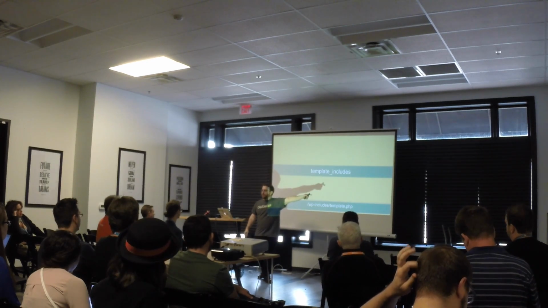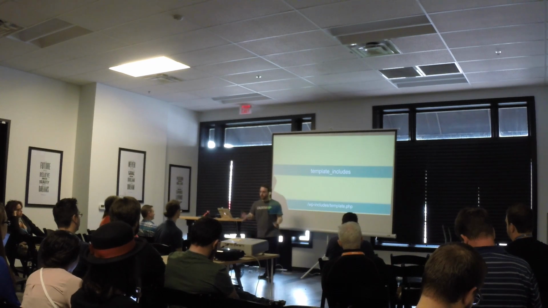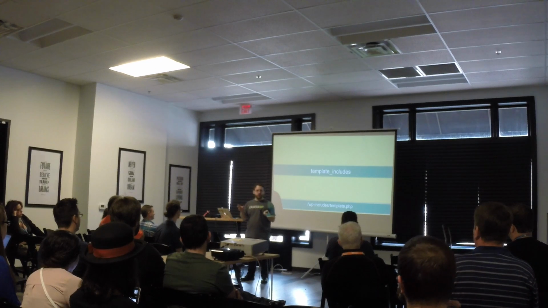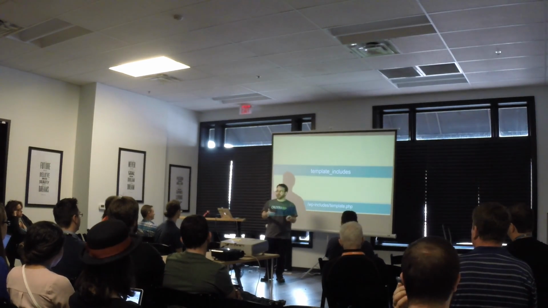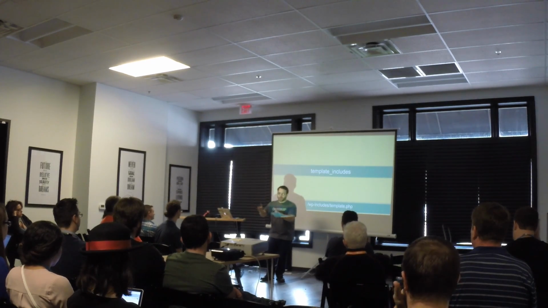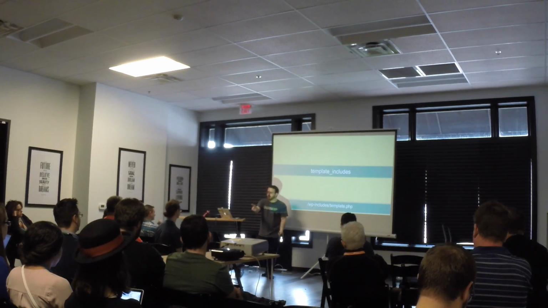So template includes gives you a path to a thing. So let's say you want to have a plugin that has its own defaults for templates, but you want it to be overridable by somebody who has that in their theme. Let's call this WooCommerce, for example. They do this. This is very smart.